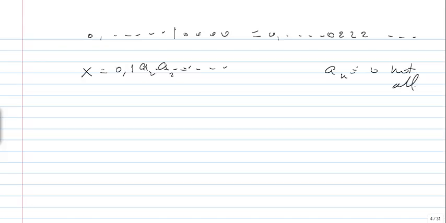At least one of them is not equal to 0. So in this case your x is going to be strictly bigger than 0.1 and also less than 0.2.